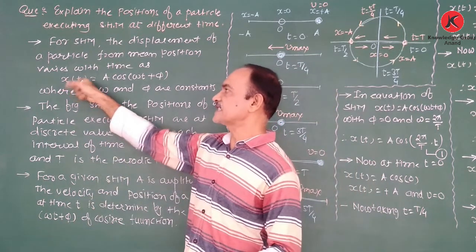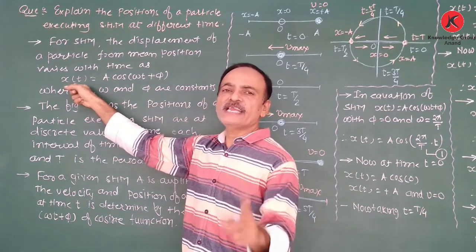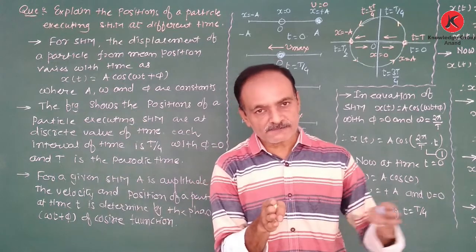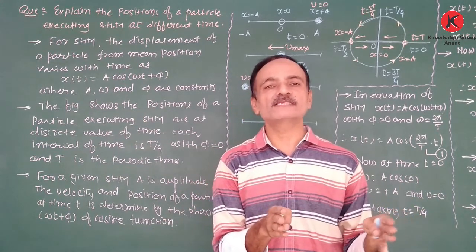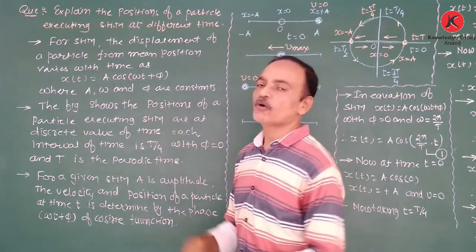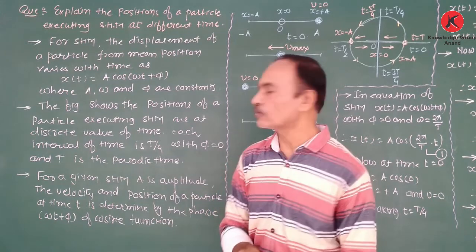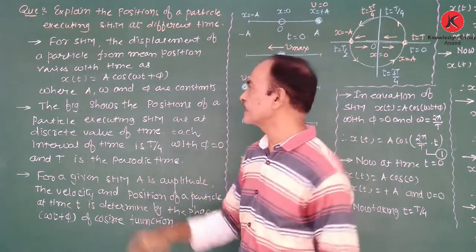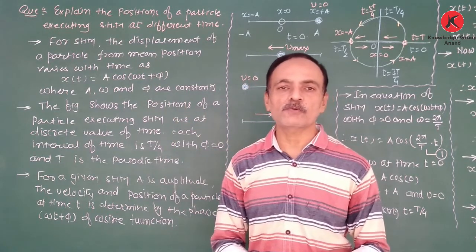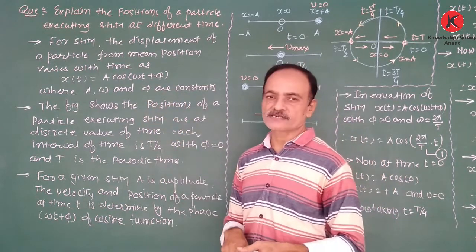Here x(t), x represents the position of a particle at any instant of time t. A is the maximum displacement from the mean position on either side of the mean position. Omega is the angular frequency of this simple harmonic oscillator between these two extreme points. t is the time and phi is the initial position or the initial phase of oscillation. Here A, omega and phi are constants.